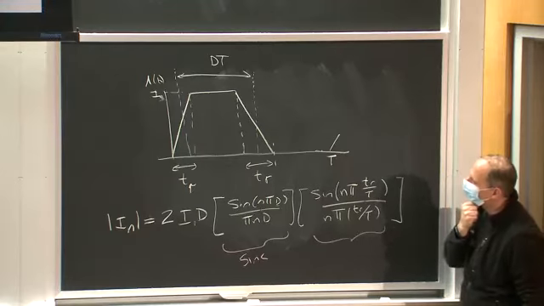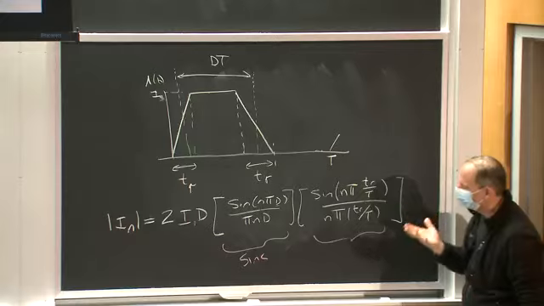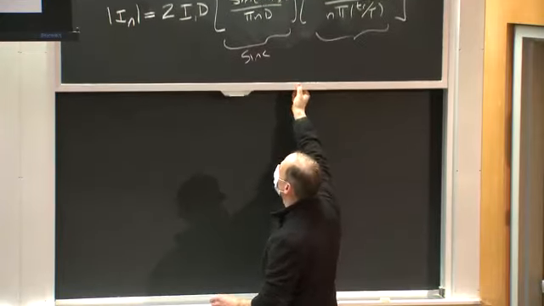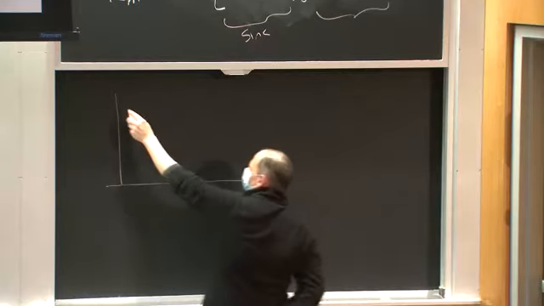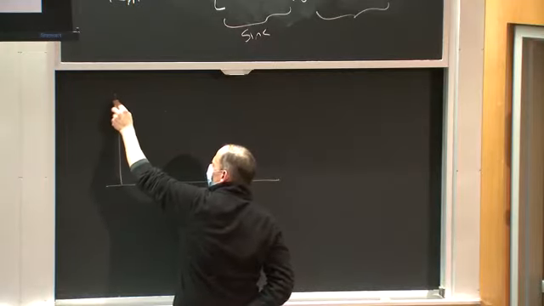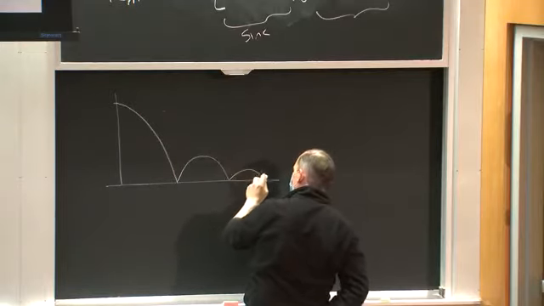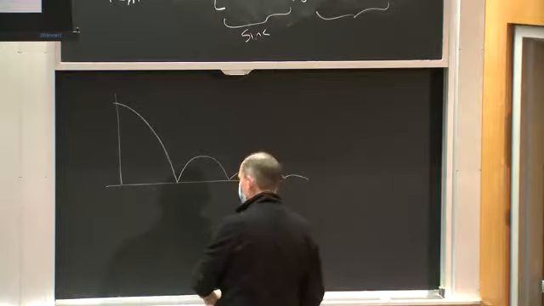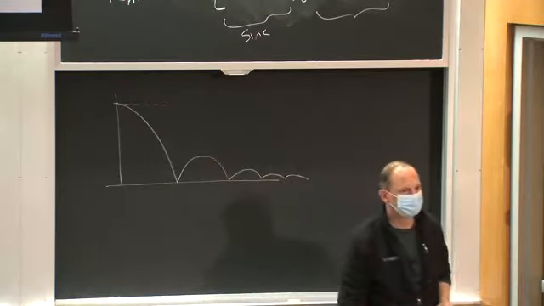Why do I raise that? Because think about what a sinc function looks like, right? It starts at a certain height of 1, and it falls off like this. At really low frequencies, a sinc function asymptotes to 1, okay?